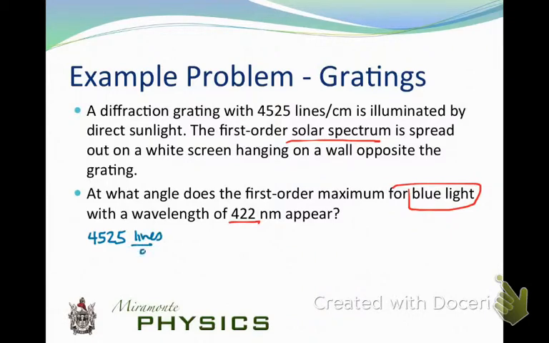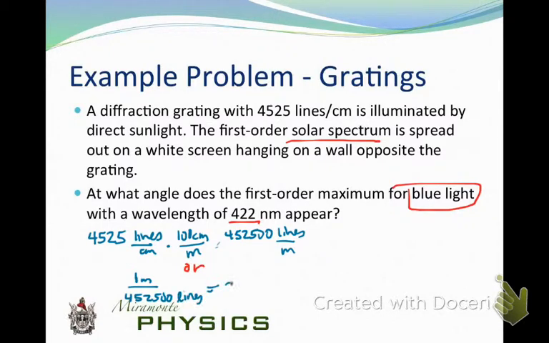So we say, well, 4,525 lines per centimeter times 100 centimeters per meter is 452,500 lines per meter. Or if you flip that over, that's 1 meter per 452,500 lines, which is 2.21 times 10 to the minus 6 meters per line.